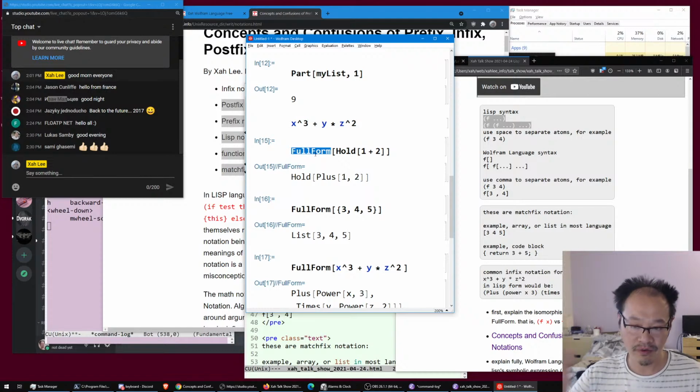For example, compare meta expression versus full form. Which one is more intuitive? We are not asking specialized Lisp experts. I mean, just in general English, if you have this thing, you want most people to understand it. Which one is more intuitive, full form versus meta expression? I would say full form.